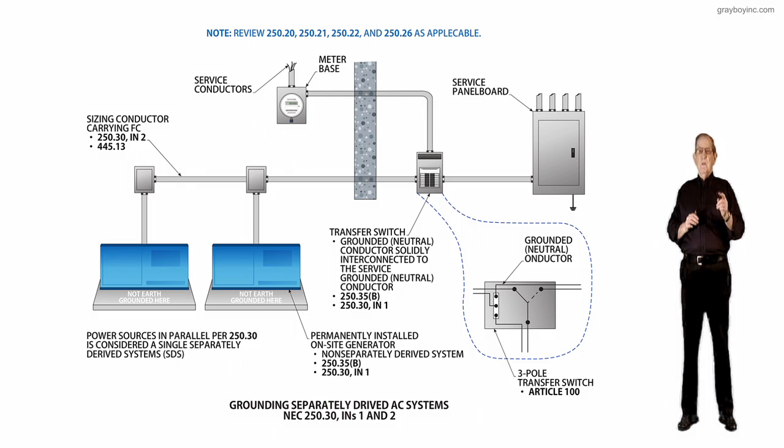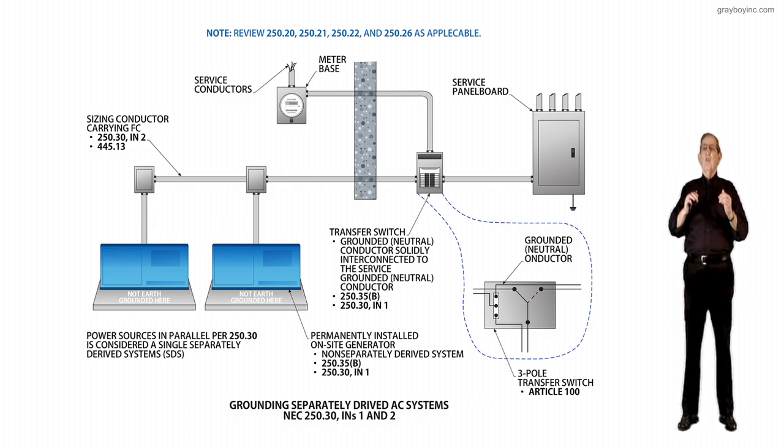Once more, it's a revision, and it's to clarify where you have multiple power sources and they are connected in parallel to supply the premises wiring in accordance with 250.30 and 250.35. I think that gives you a good overall view of what has taken place with this change by providing a revision.